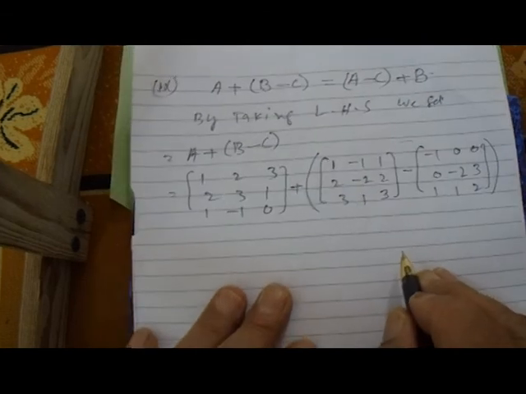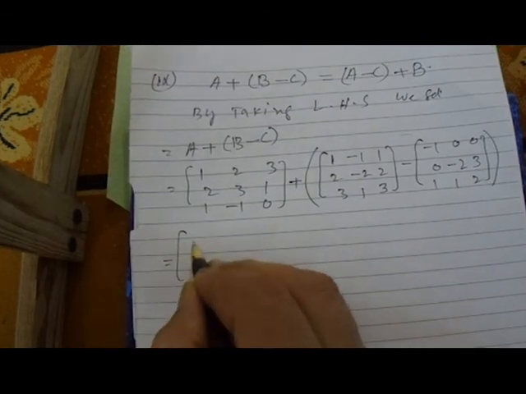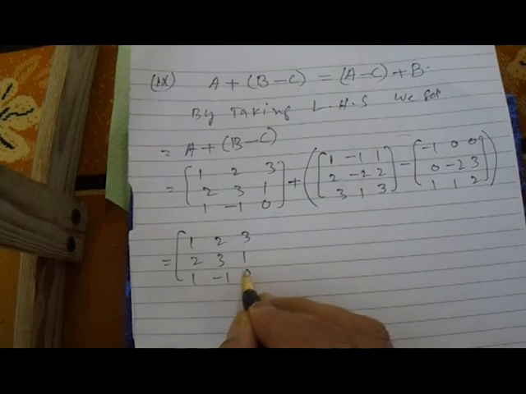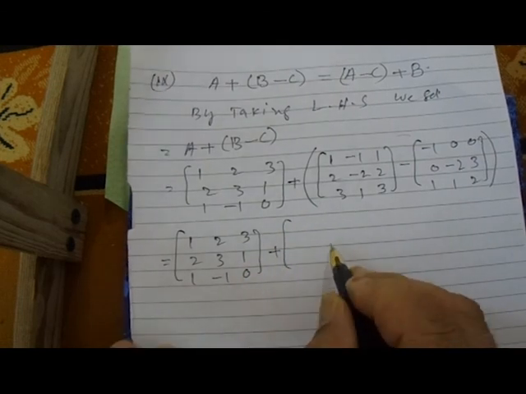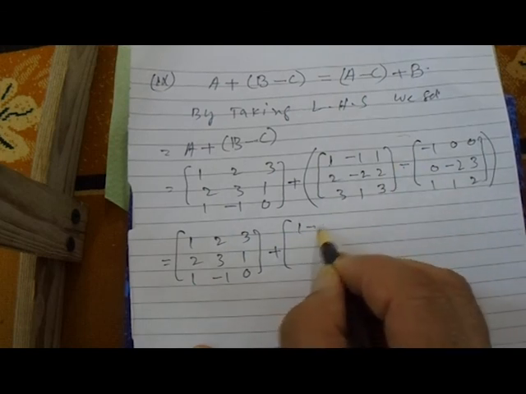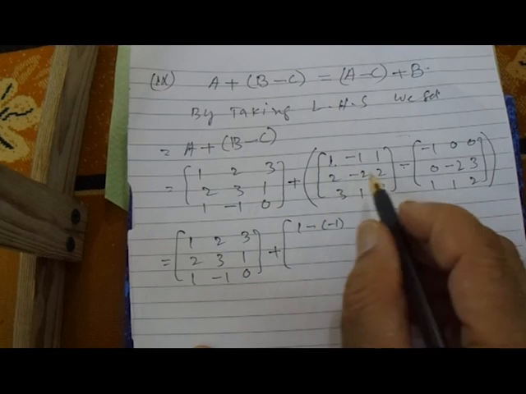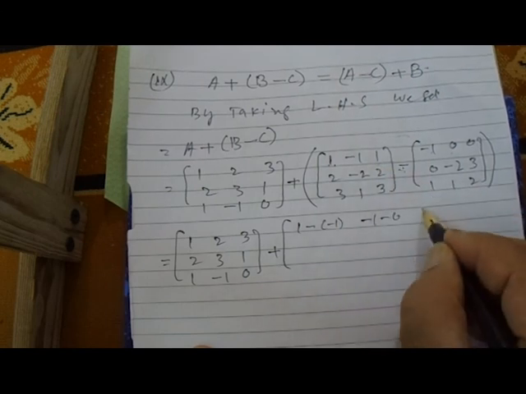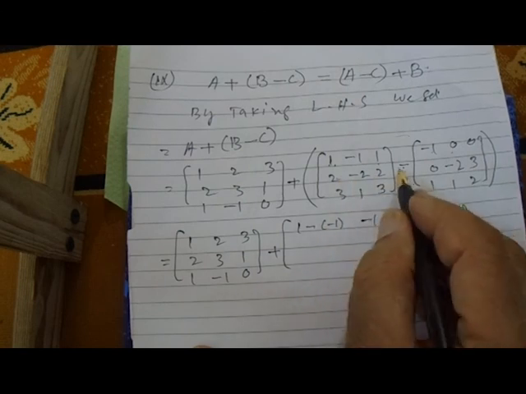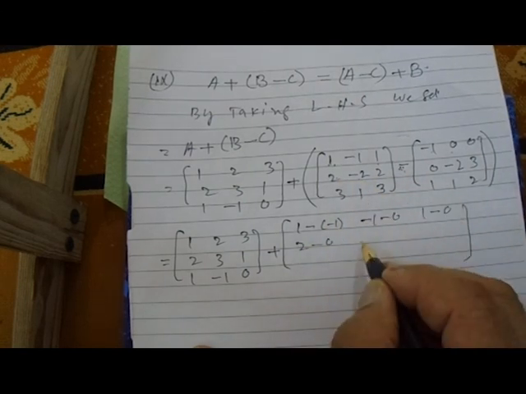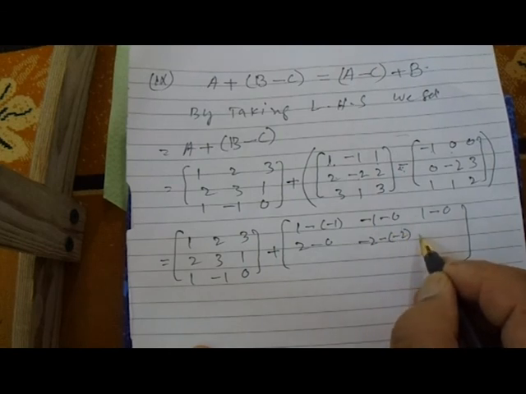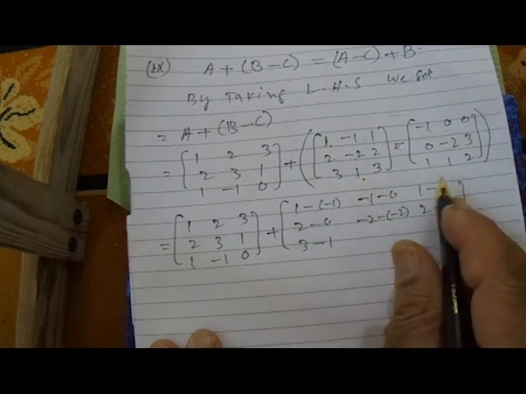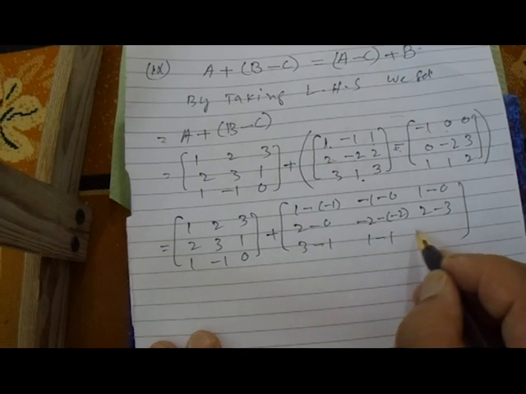We write round brackets is equal to 1 2 3 2 3 1 1 minus 1 0 plus this 1 minus 1 1 minus into minus 1, this 1 minus minus 1, here minus 1 minus 0, this 1 minus 0, 2 minus 0, 2 minus 0, minus 2 and minus into minus 2 and 2 minus 3 and 3 minus 1 and 1 minus 1, 1 minus 1 and 3 minus 2.